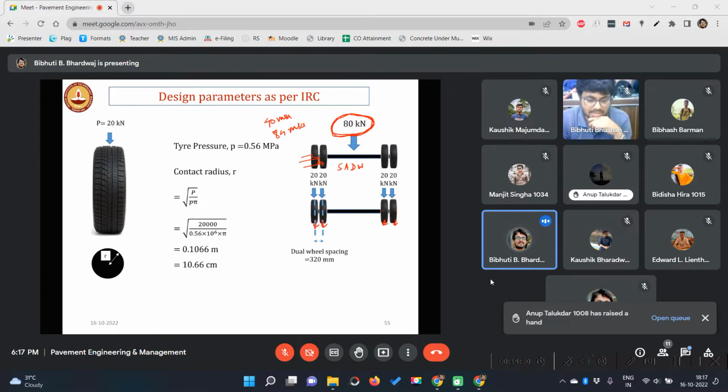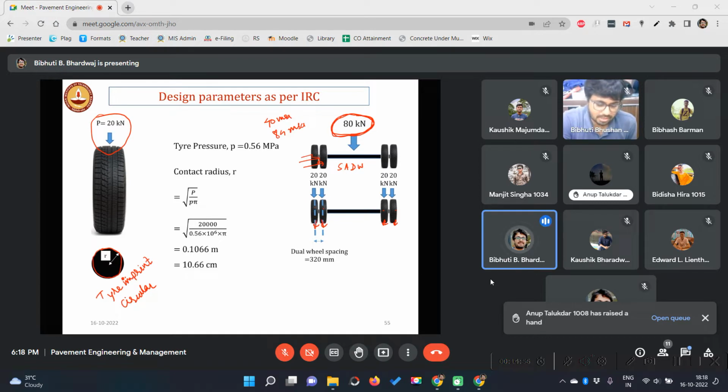So you can simply consider the load coming through one wheel as 20 kilonewton. Okay, and this is the circular imprint, that we call tire imprint. Tire imprint is circular. Alright, now the problem is we cannot measure the area every time.